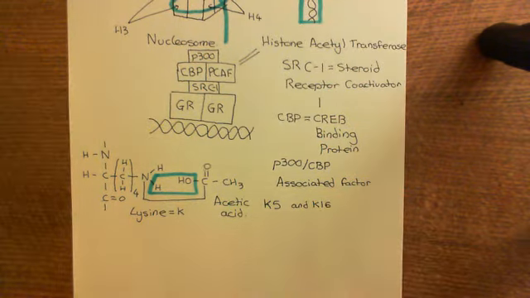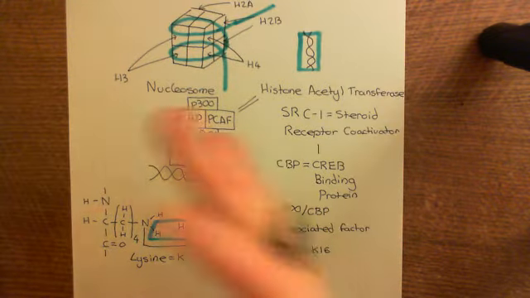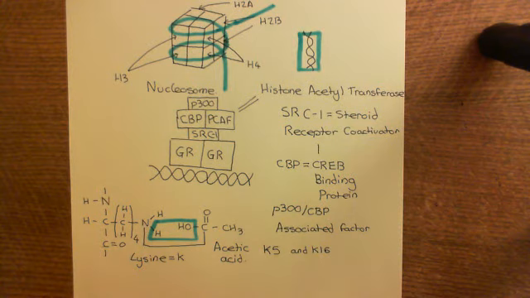And when you add these acetyl groups onto lysine at position 5 and lysine at position 16, this loosens the coiling of the DNA around the histone octamer. And that means that RNA polymerase can now gain access to the promoter region, whereas before it couldn't.